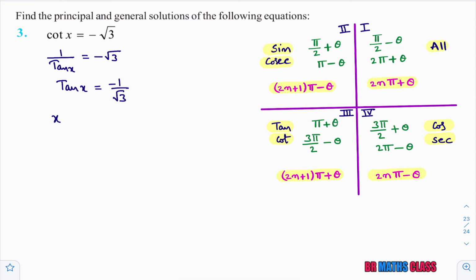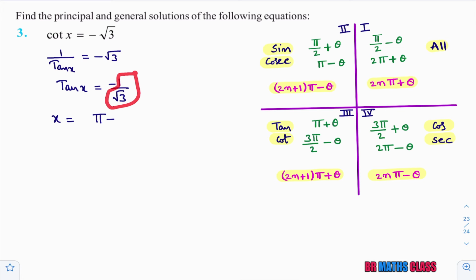Okay, second quadrant. As tan x is negative, x value lies in second quadrant. You observe here, I always prefer pi instead of pi by 2. Pi minus theta. Here, I'll choose theta in such a way that for what value of theta, tan theta is 1 by root 3.